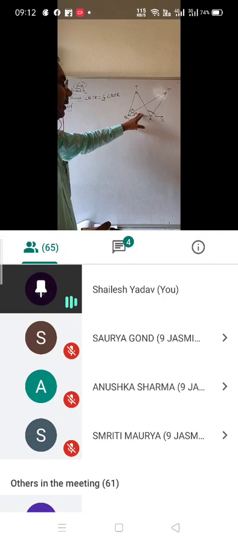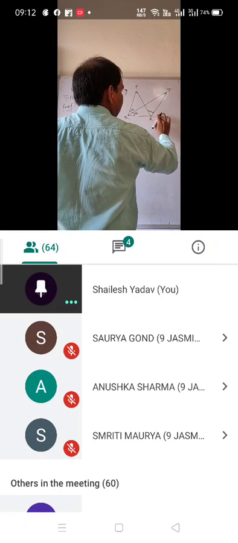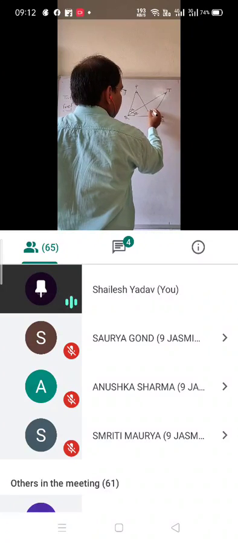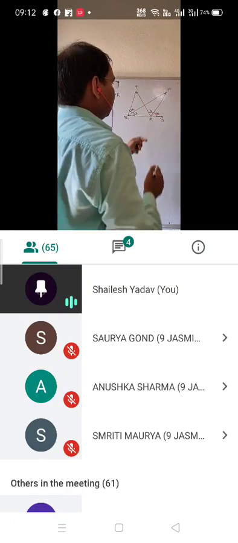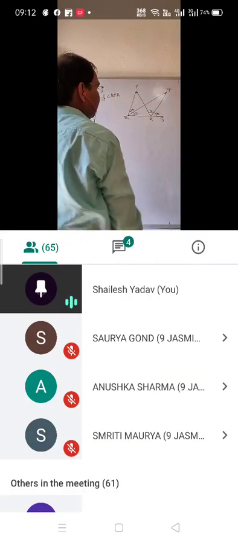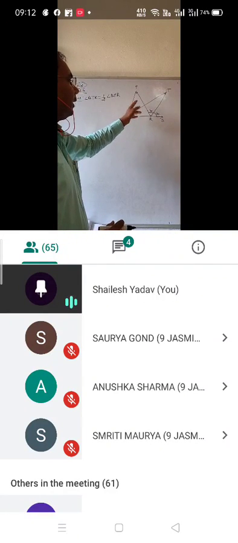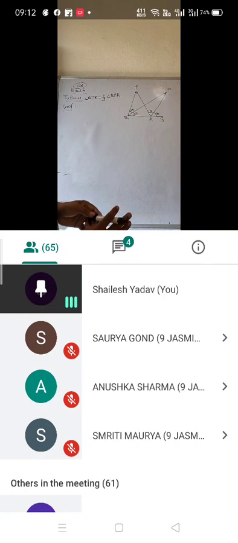If it is A, then it is also A. In the same way, if it is angle B, then it will be also angle B. RT is the bisector of angle PRS also. So if it is B, then it will be B. So students, any problem up to here? I had only taken the angles if it is going to bisect. So any students having the doubt up to here?